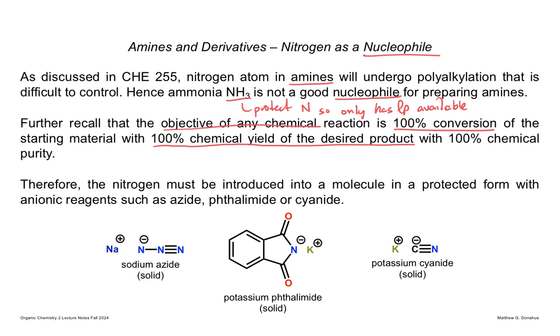And these are typically salts of the form M plus, and then N minus, and then you have these two other groups bonded to the nitrogen that protect it. So the 3 reagents are called sodium azide. That's a nice solid. Potassium phthalimide is a solid. And then potassium cyanide, which is a solid.